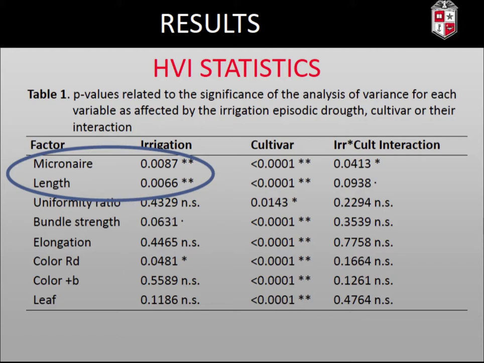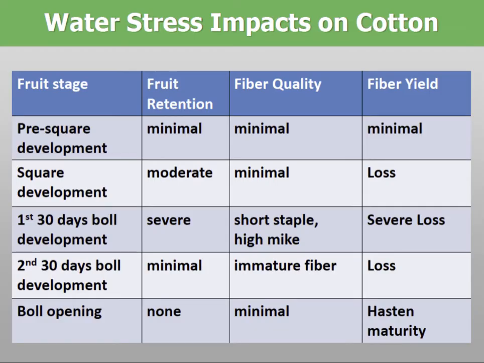That was during square development. During the first 30 days of boll development, which is essentially early flowering, you have severe problems with fruit retention. You really kill your fiber quality and you have a severe loss in yield. If you've got to partition your water to a specific time, this is the time to do it.